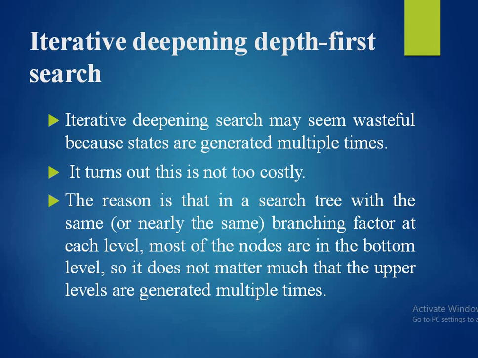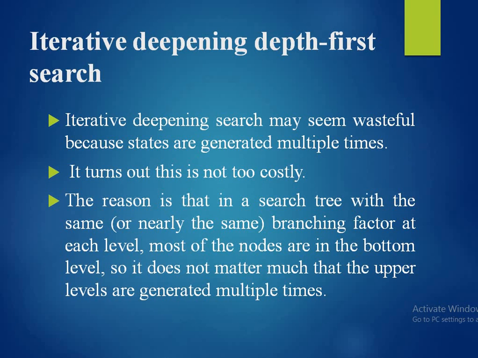The iterative deepening search may seem wasteful because states are generated multiple times. It turns out this is not too costly. The reason is that in a search tree with the same or nearly the same branching factor at each level, most of the nodes are in the bottom level.